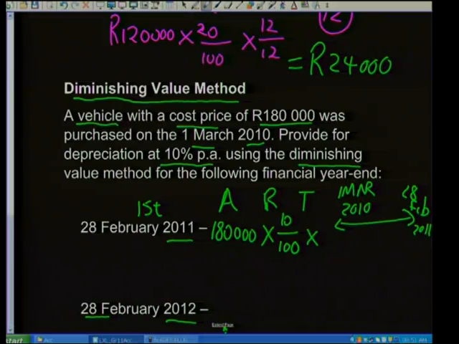So time would be 12 months, and again, obviously that would cancel out. So for the very first financial year end, my depreciation calculation would be 180,000 times 10% to give me depreciation that I write off of 18,000. Okay, so that's for the first financial year end.